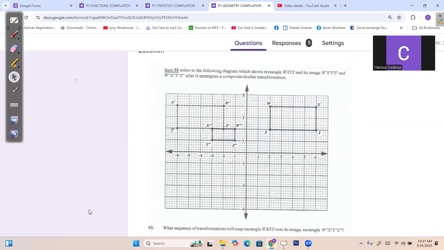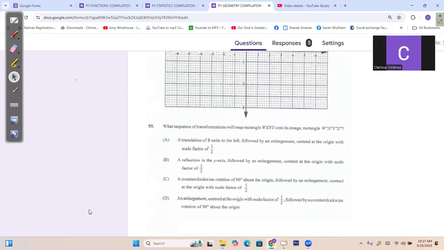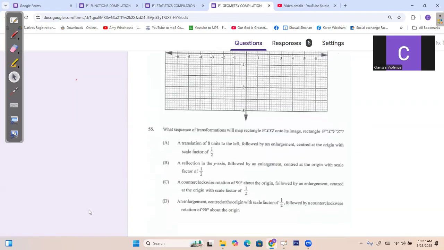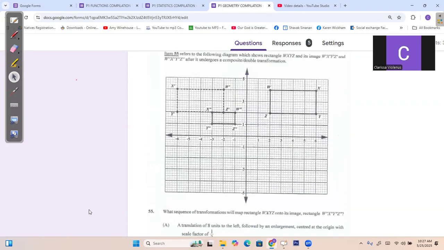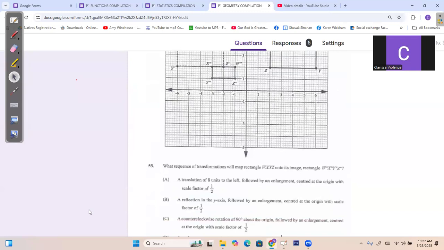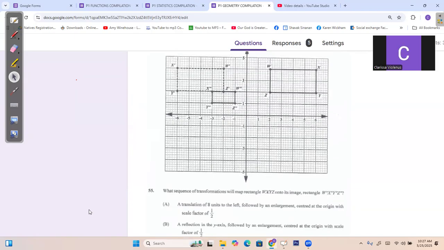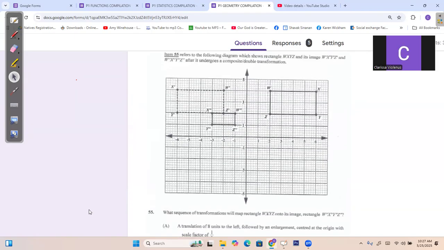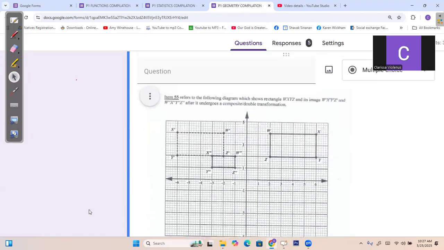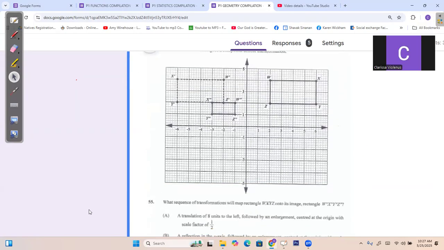So this is obviously an enlargement centered at the origin, scale half, but that's not true, because if that's the case, both of them would have had to be on the same side of the origin.